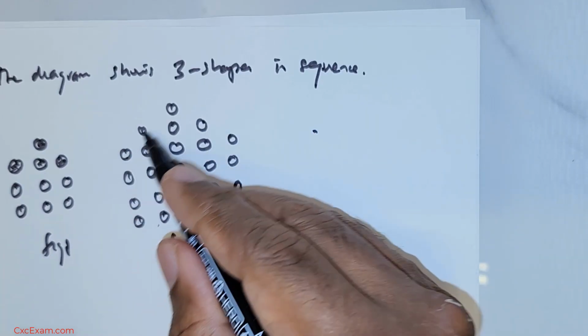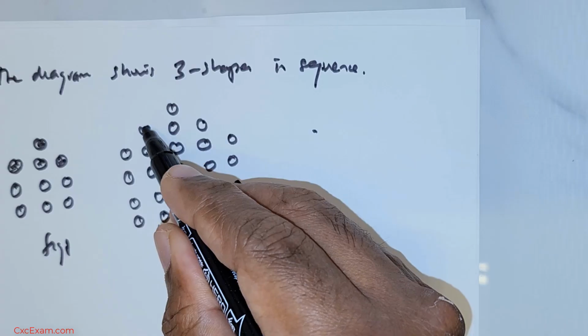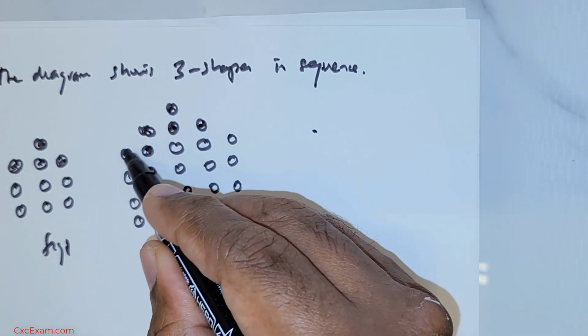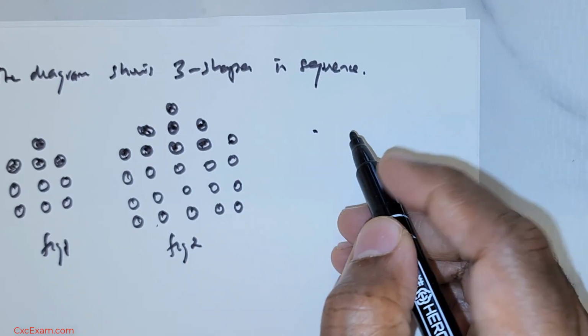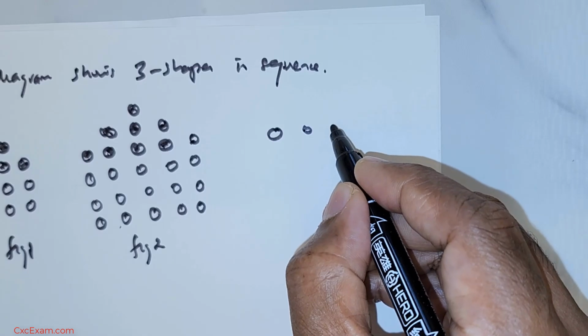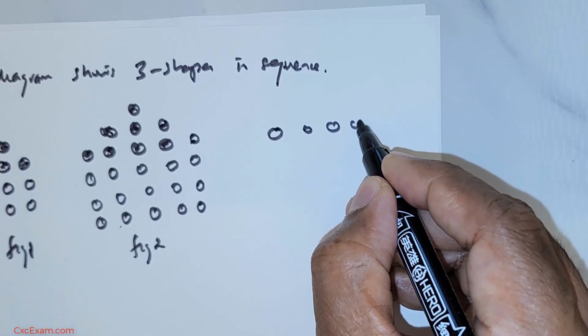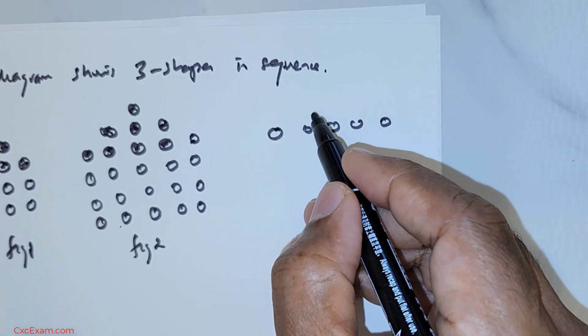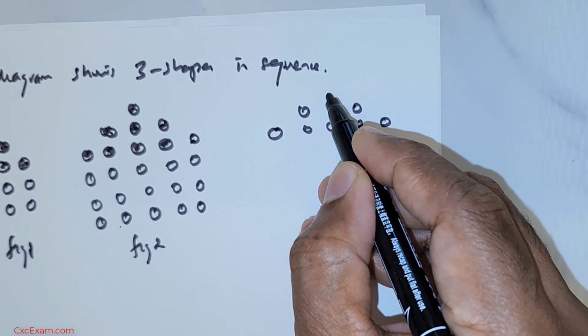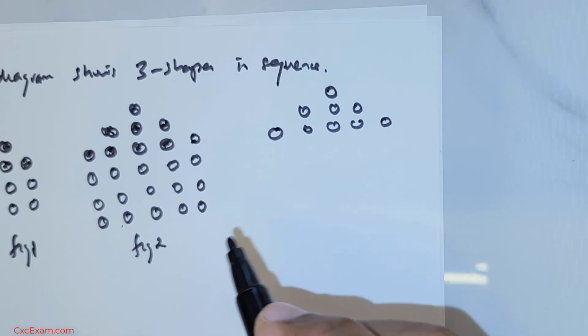So let me draw the top triangle. Okay, so these are all black circles. Let me draw the top triangle 1, 2, 3, 4 and 5, and then above this you have 1, 2, 3, and then you have the top triangle.